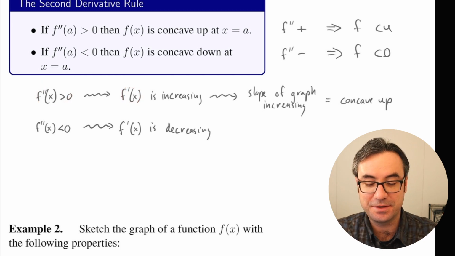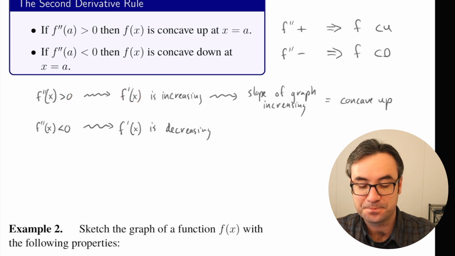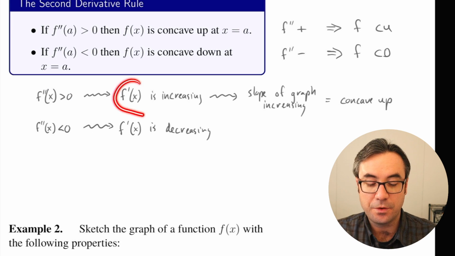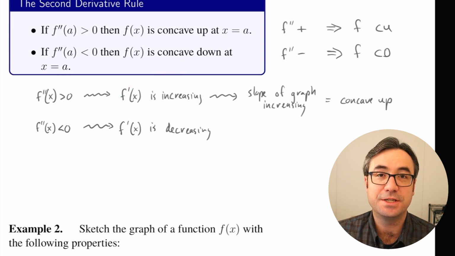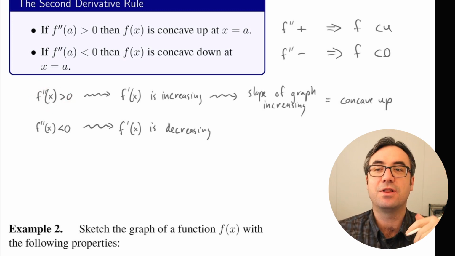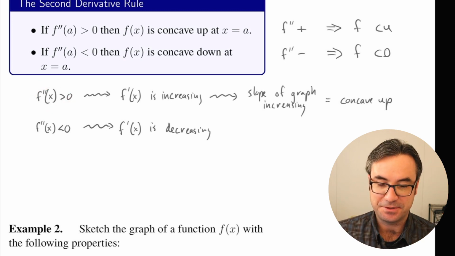So this is almost like the rule we just looked at, that tells us if a derivative is positive, then the original function is increasing. Now we're doing it one level up.